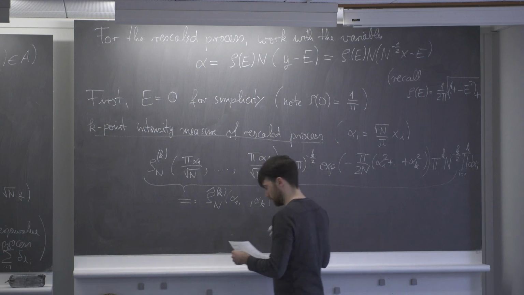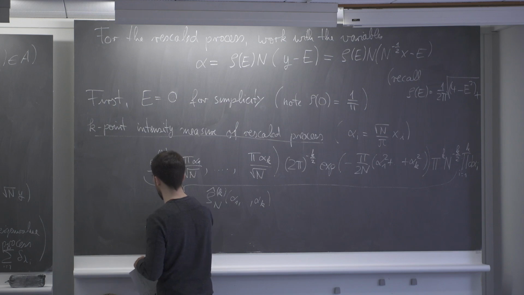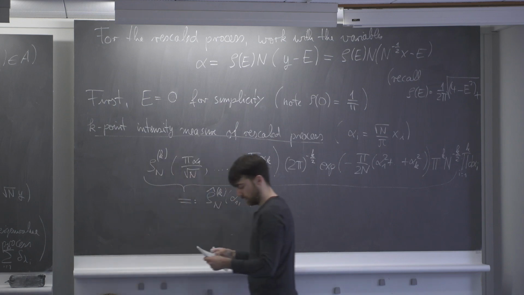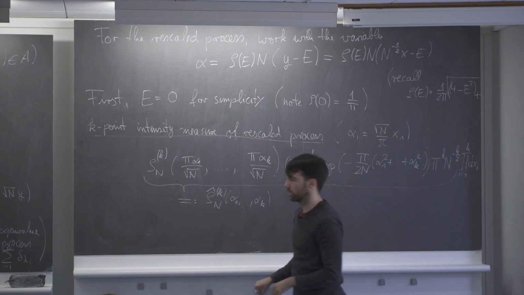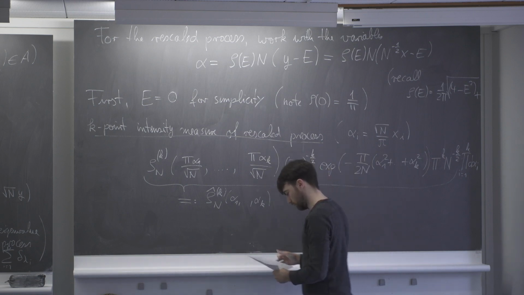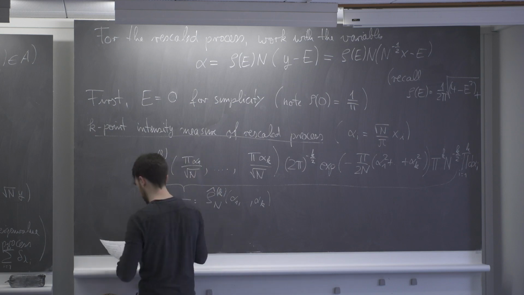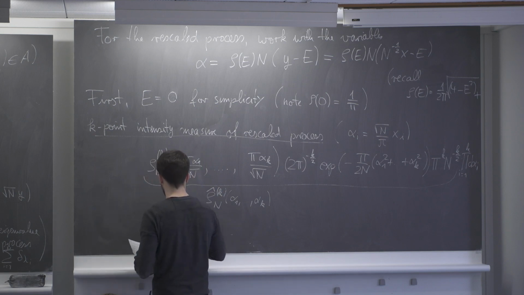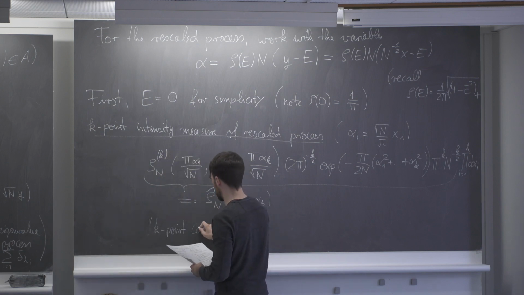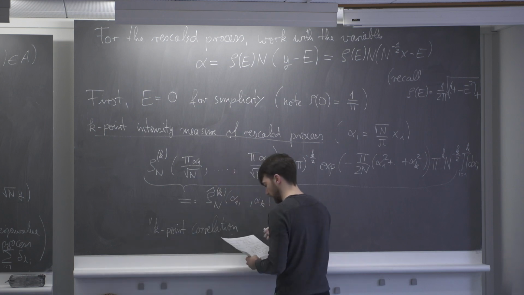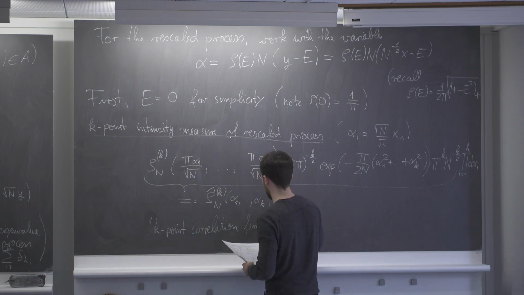In some sense that's the k-point correlation function of this rescaled process, but with respect to the Lebesgue measure. I put it in quotation marks, because this Lebesgue measure is of course not a probability measure, so this does not quite make sense, but that's the way you should think about it.